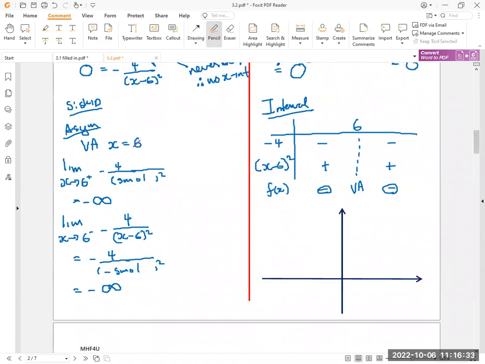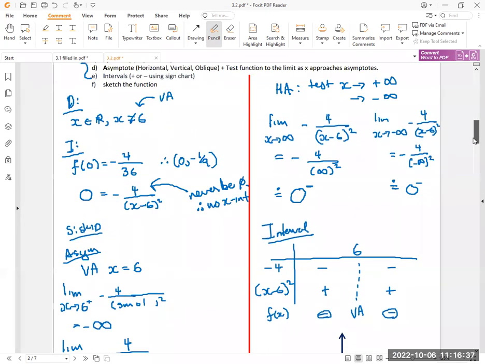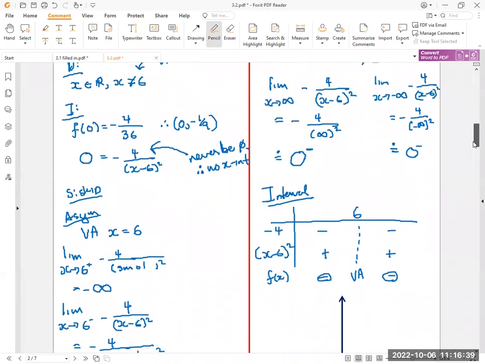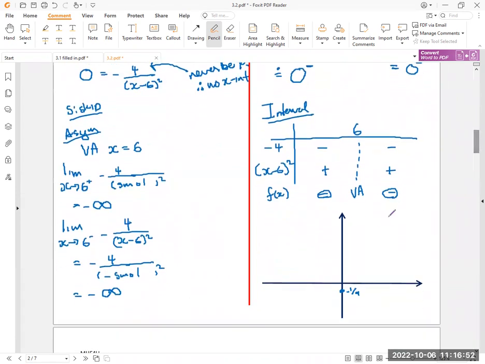All right, let's start from the top. My domain is this, which we'll get to later. My y-intercept is (0, negative 1 over 9), so negative 1 over 9, somewhere there. No x-intercepts, great. My vertical asymptote is at 6, so x equals 6.